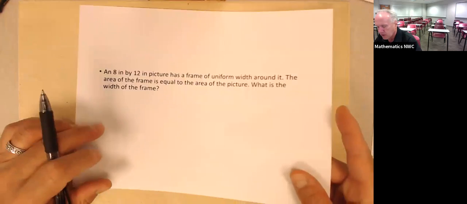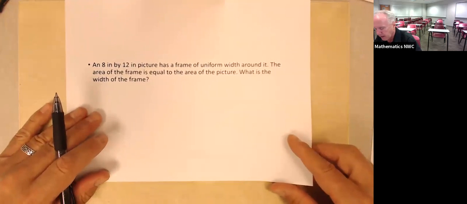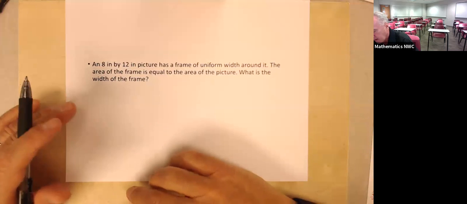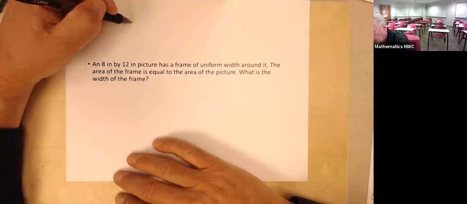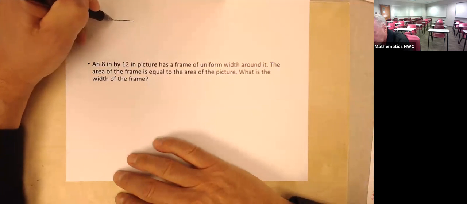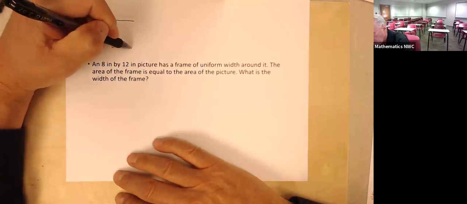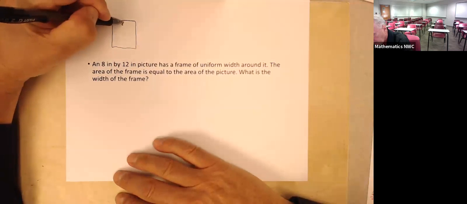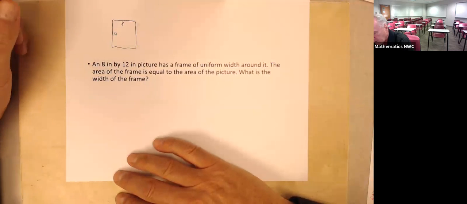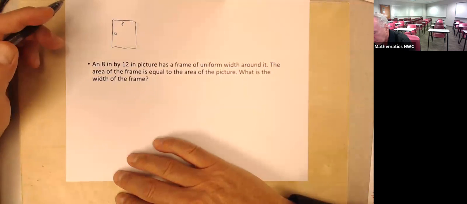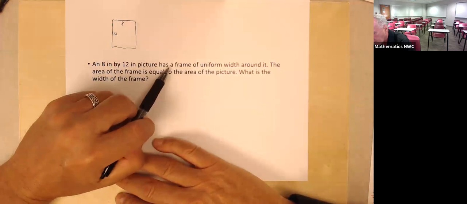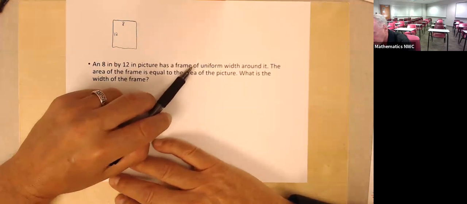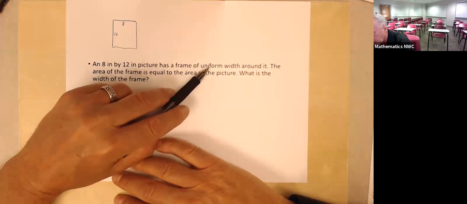This one's a little more challenging for us here today. I have an 8 by 12 picture. I'm going to have a frame around this picture of uniform width, the same width.